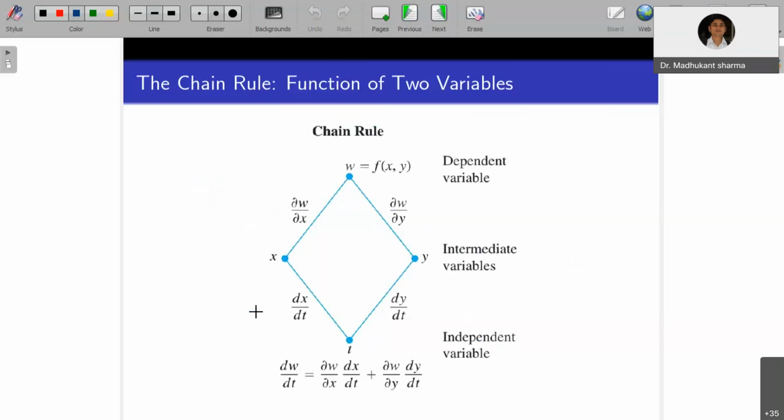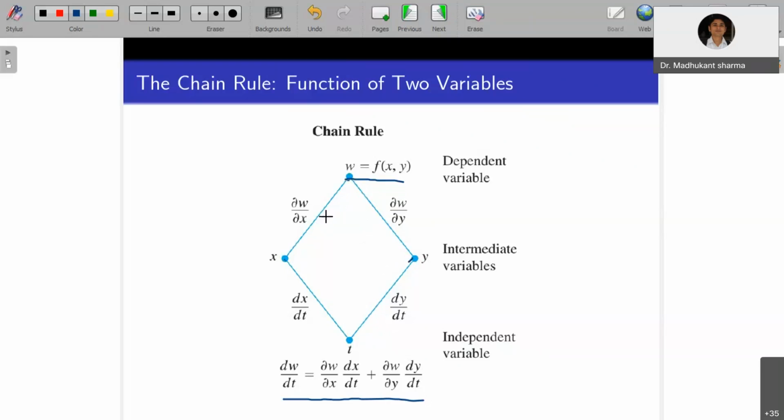You can understand this more by using this tree diagram here. Here w is equal to f of x, y. Your goal is to identify dw by dt. First you differentiate w with respect to x and then x with respect to t. Similarly, w with respect to y and then y with respect to t.